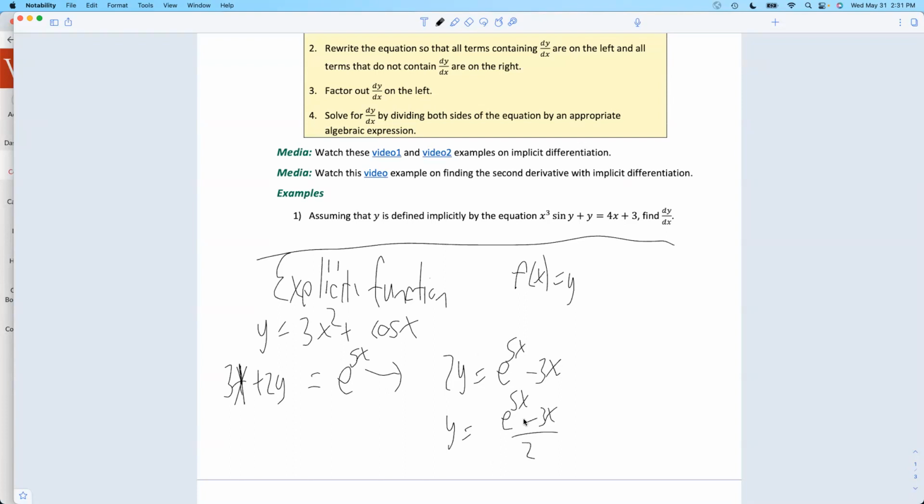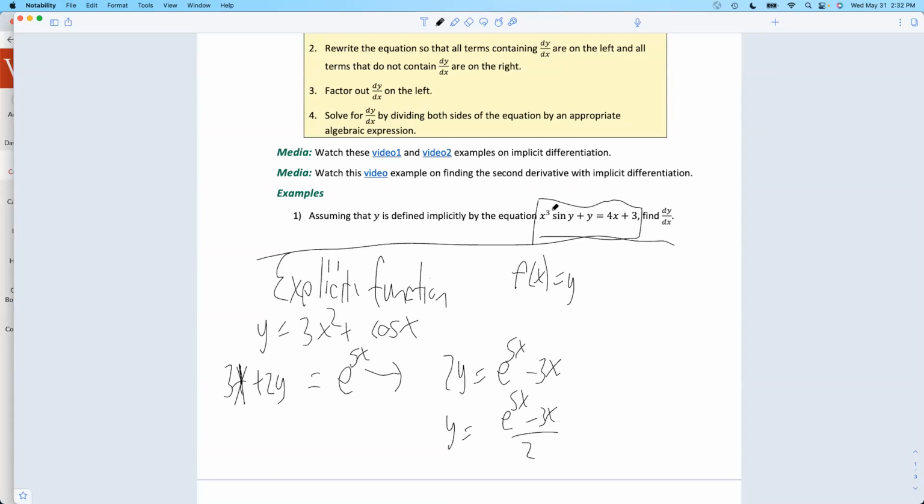Sometimes we have a curve in space where it's not possible, or at least not easy, to solve for y. If we had this, it's mathematically impossible for you to write this curve as y equals a bunch of stuff that only has x in it.